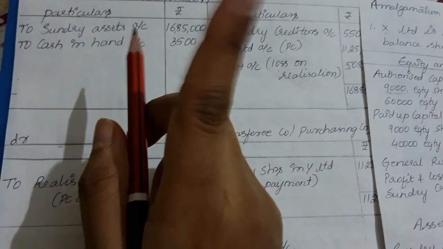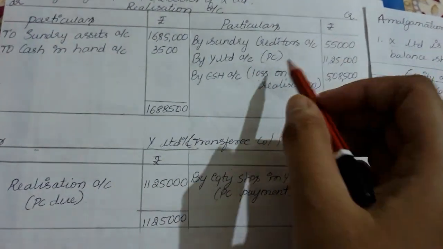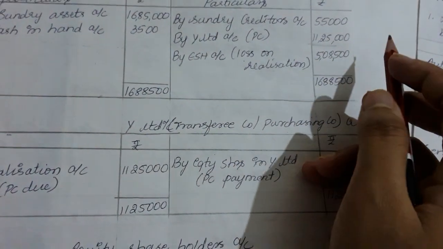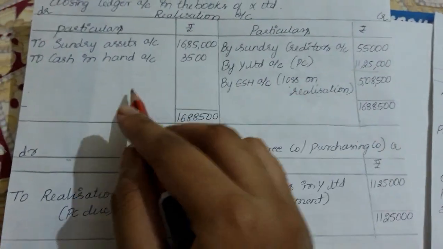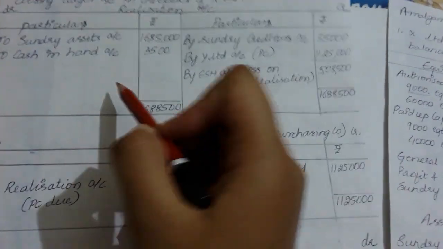Here in realization, fictitious assets need not be passed. On the credit side, we write the outsider liabilities, that is sundry creditors, and also the purchase consideration that was given. And when we tally this, the debit side is more than the credit side.